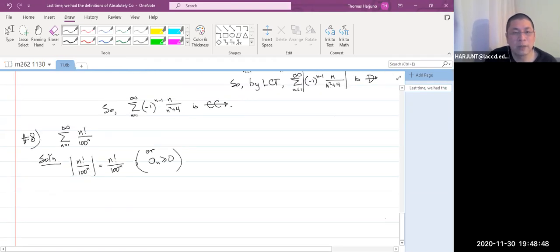Now let's get some feeling. What is the limit of that term? n factorial over 100 to the n is n over 100 times n minus 1 over 100 times n minus 2 over 100 all the way down to 2 over 100 times 1 over 100.